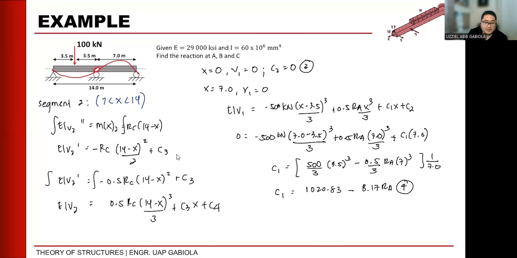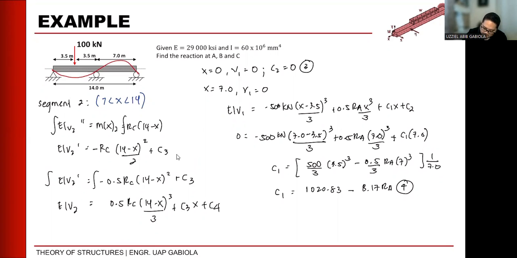Dito sa location natin sa gitna pa din, makikita natin na yung slope naman natin, since pwede siyang mag-rotate, yung slope ng first segment and yung slope ng second segment should be equal kasi same point siya, di ba? So, dapat equal siya. So, ngayon, kailangan i-equate natin yung formula ng slope equation ng segment 1 and slope equation ng segment 2.